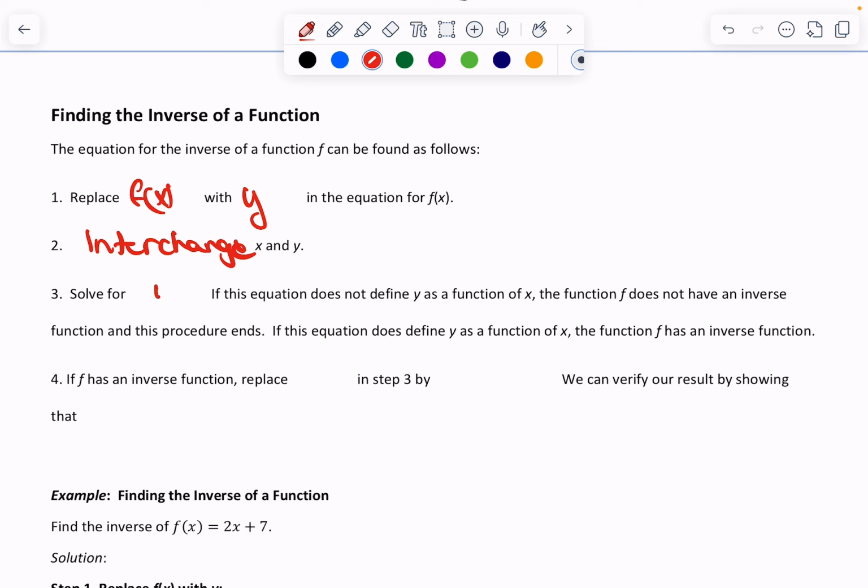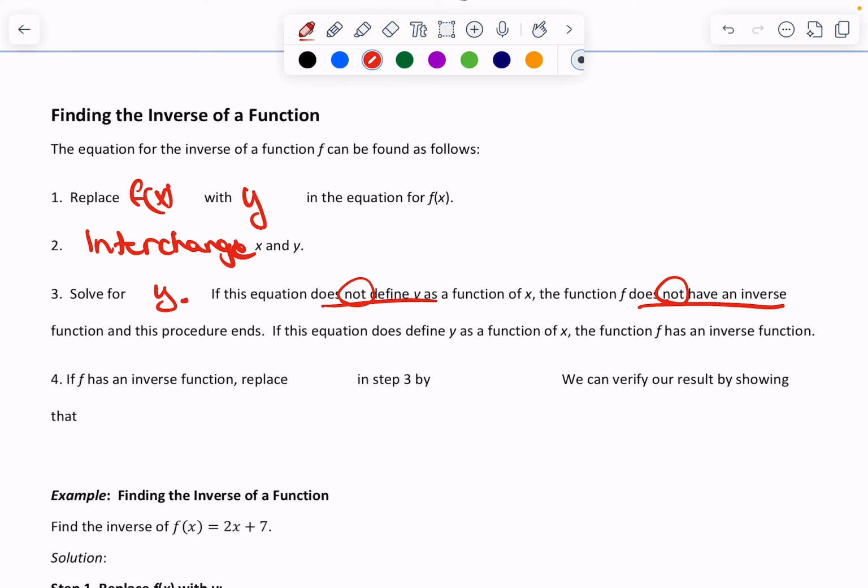Then we're going to solve for y. If this equation does not define y as a function of x, the function does not have an inverse function, and this procedure ends. If this equation does define y as a function of x, the function f has an inverse function. So that's step number 3.